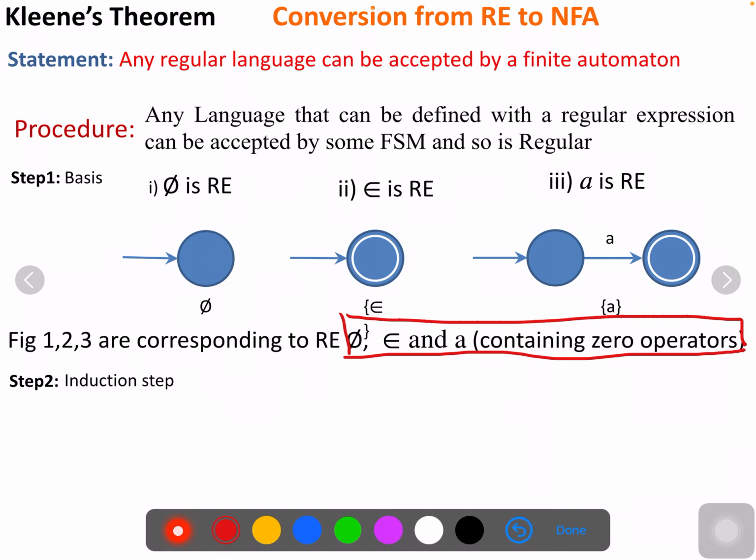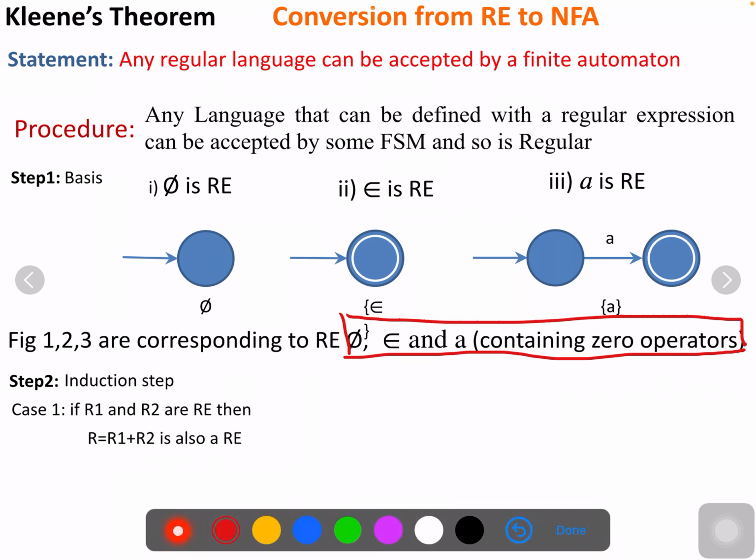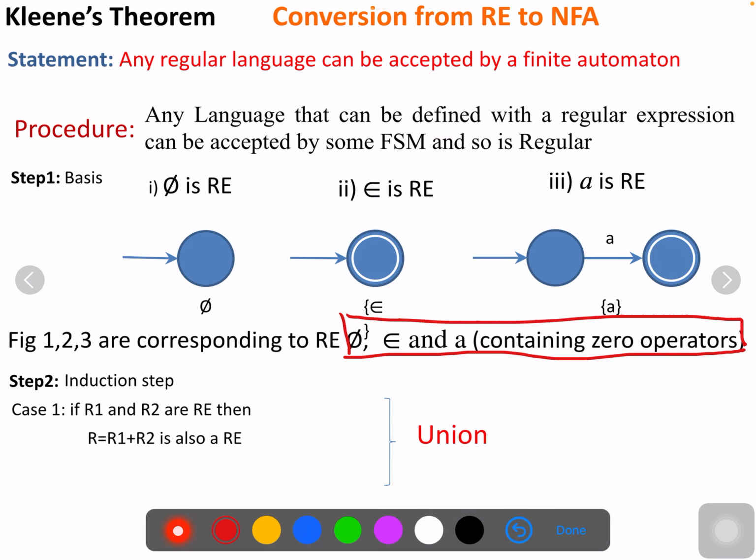Let us move to step 2. We'll go by the induction step. Here the operators are involved. We'll take case number 1: if R1 and R2 are regular expressions, then R1 plus R2 is also a regular expression. It is a union.